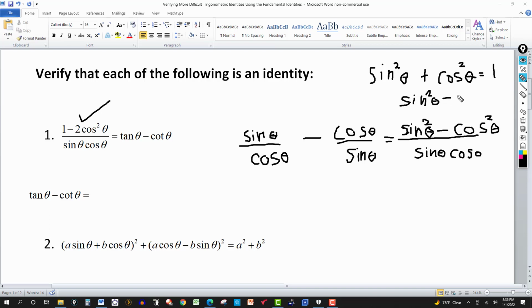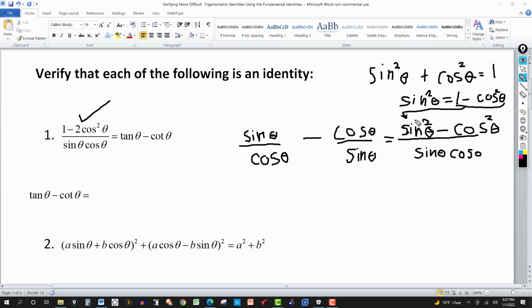Bringing the cosine squared over, I get 1 minus cosine squared theta. Okay, so that's going to replace this sine squared. So basically I'm taking this right here and replacing it right here. Just to save me a step, all I'll do is plug it in there and then combine.